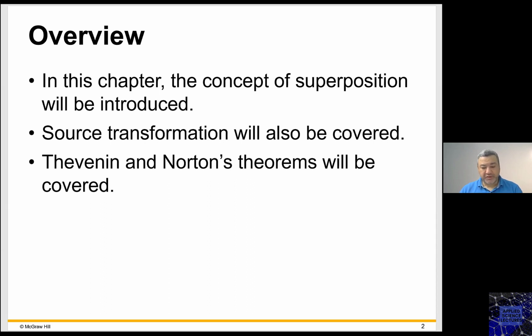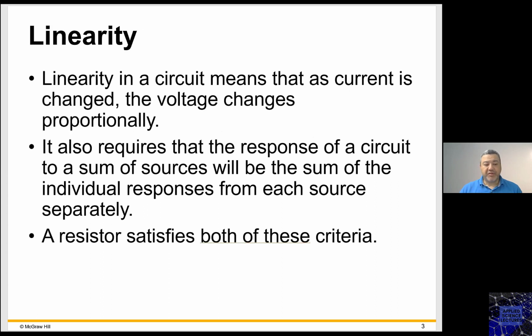So let's start first with the definition of the linearity. The linearity basically means that, and in our case here, we're dealing with the circuits using Ohm's law. We know that V equals RI, which means that the relationship here between the voltage and the current is proportional to the resistor.